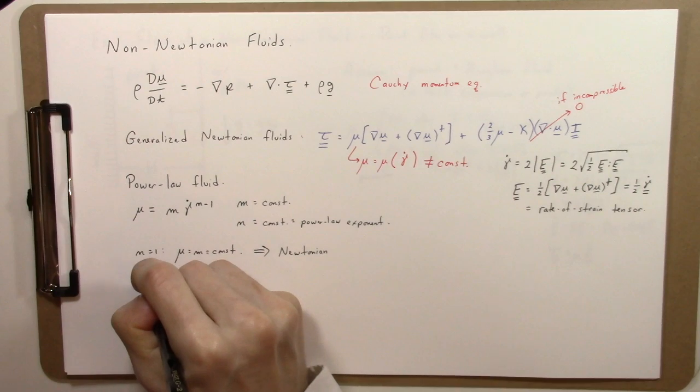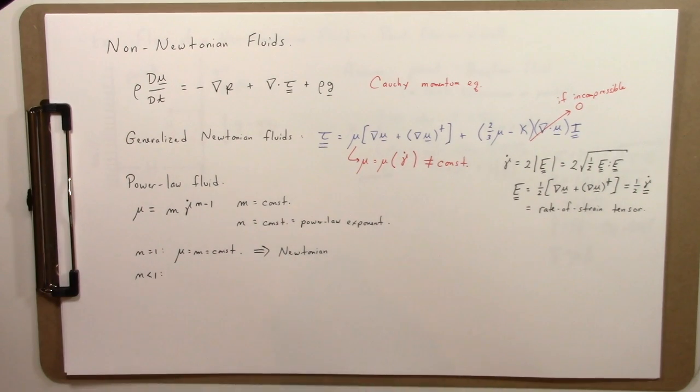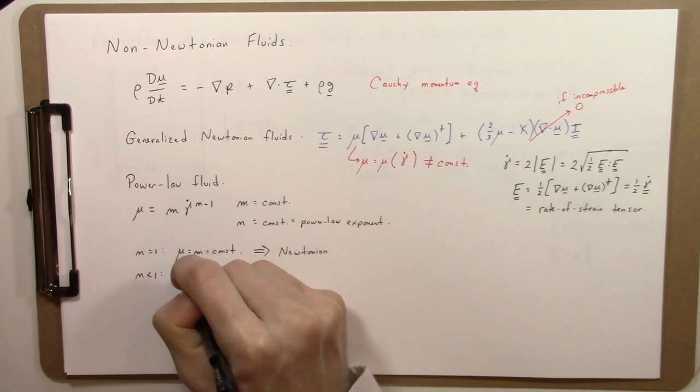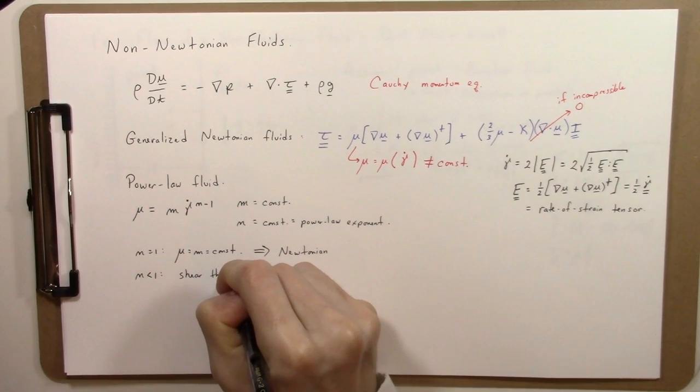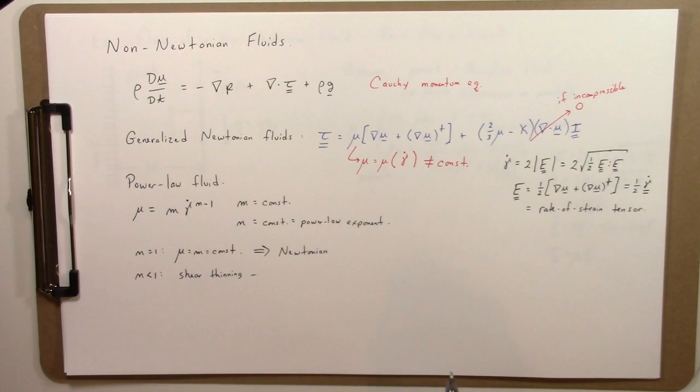If n is less than 1, the fluid is termed shear thinning, because the apparent viscosity decreases as the rate of strain increases.